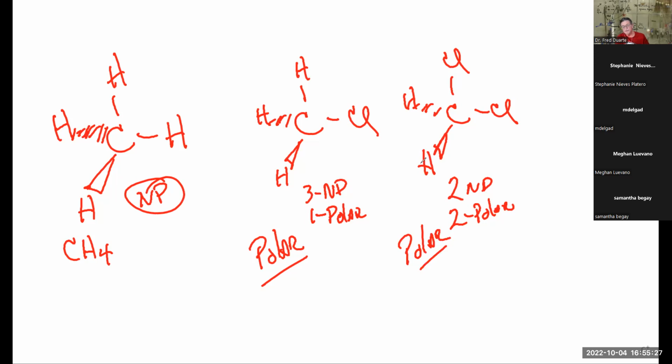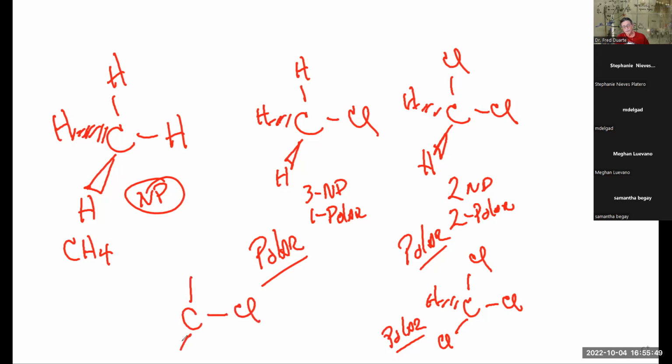Continue to replace the third one, so we end up with this one. Even though it's symmetrical, these three bonds do not cancel each other out, so we end up with a polar species. Until such time that we go back to where we started and we get all four with chlorides.